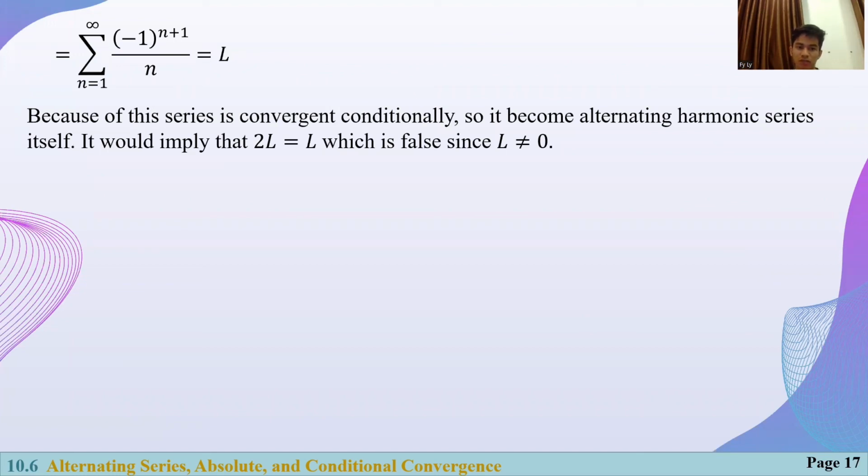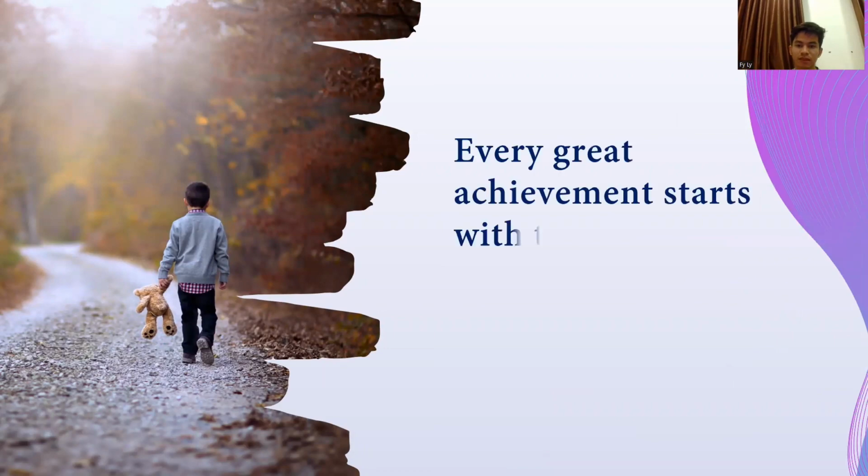It would imply that 2L equals L, which is false since L is not equal to 0. So this shows that a conditionally convergent series cannot be rearranged and be expected to give the same sum as the original series.